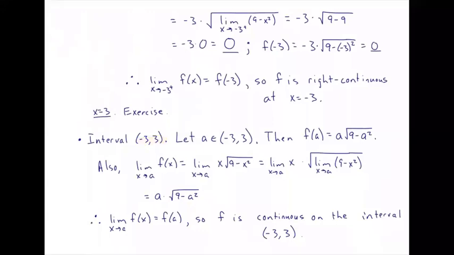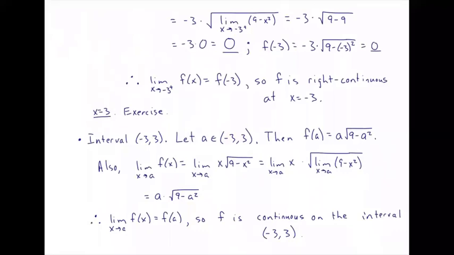We need to choose a stand-in value, some representative of any number between -3 and 3. So a is a number that has the property of being between -3 and 3. We've let a be an element of -3 to 3. In other words, we've let a be a member of the numbers in this interval. Just a few ways of saying that.